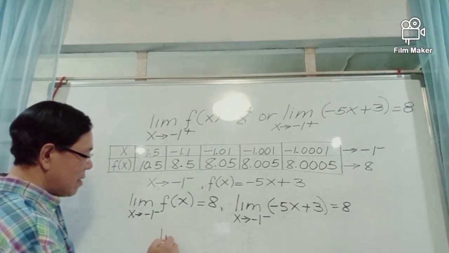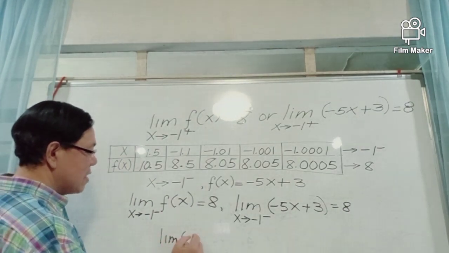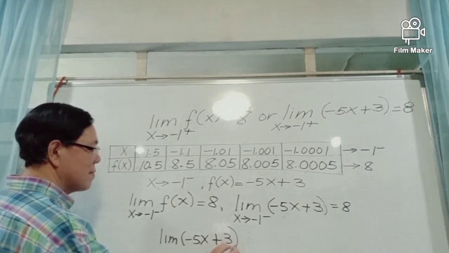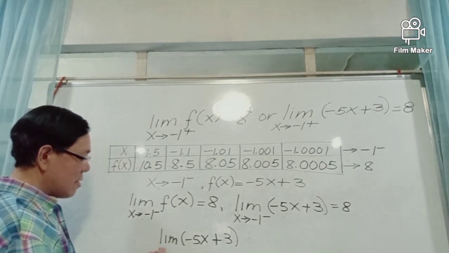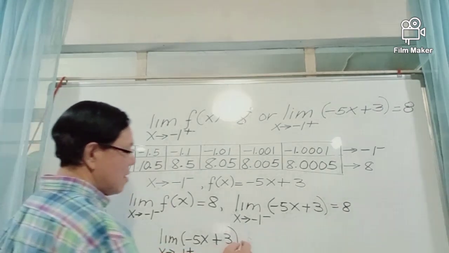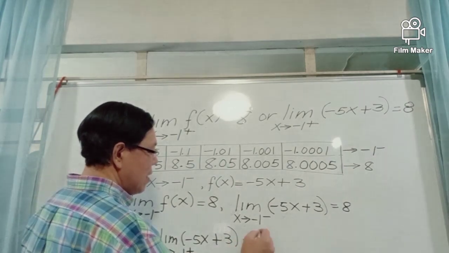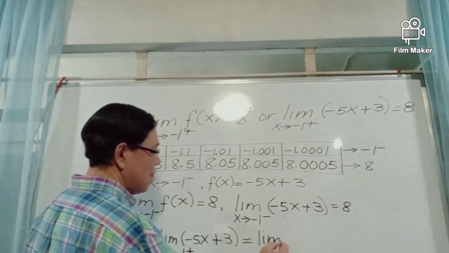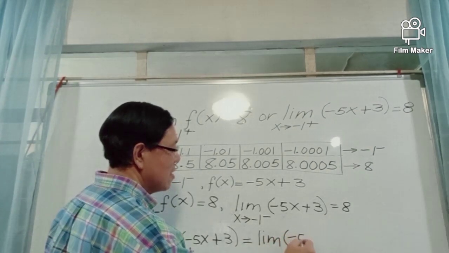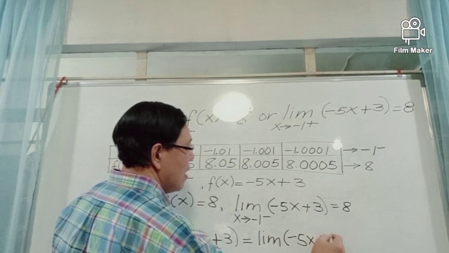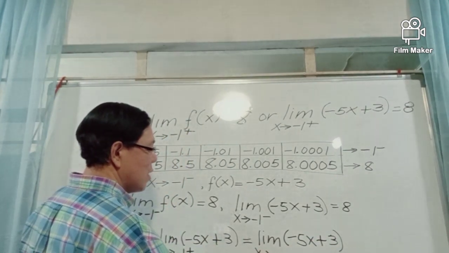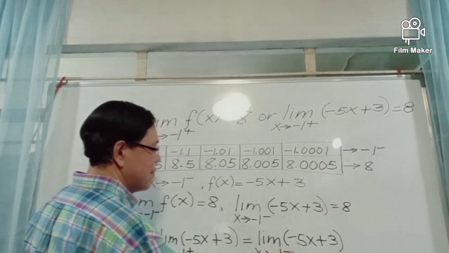We write the limit of negative 5x plus 3 as x approaches negative 1 from the right is equal to the limit of the same function negative 5x plus 3 as x approaches negative 1 from the left.